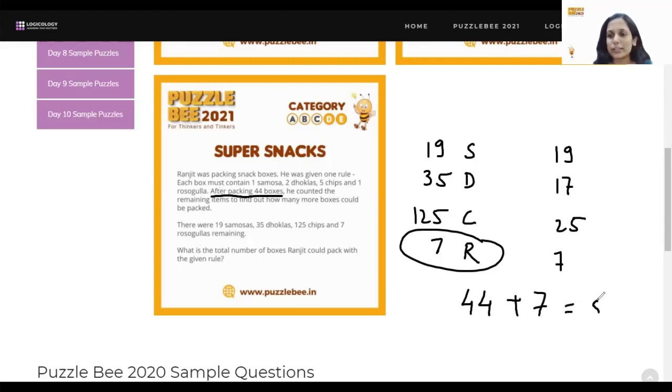There was nothing very difficult in this one. It was more of an observation based puzzle rather than a mathematical one. Very simple calculations, but you just had to take into account the 44 boxes that had already been packed. So the correct answer that we were looking for was 51.